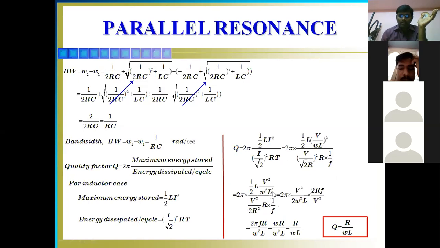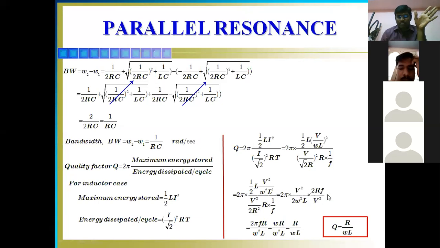Here, L square and L get cancelled, R and R square get cancelled. If you simplify it, you get 2 pi into, in the numerator, V square by 2 omega square L, and in the denominator V square by 2 R into F. So 2 R F by V square.